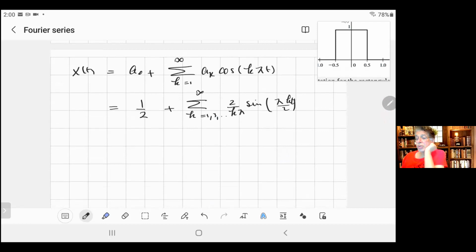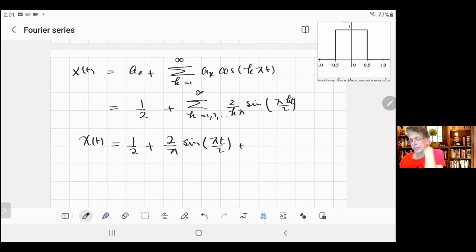So when you do the expansion, just to give you a feeling of what it means, this is the signal that looks like a rectangular pulse stream. It's equal to 1/2 plus, if you put k equal to 1, you remember this term will be 2 over pi sine pi t over 2.